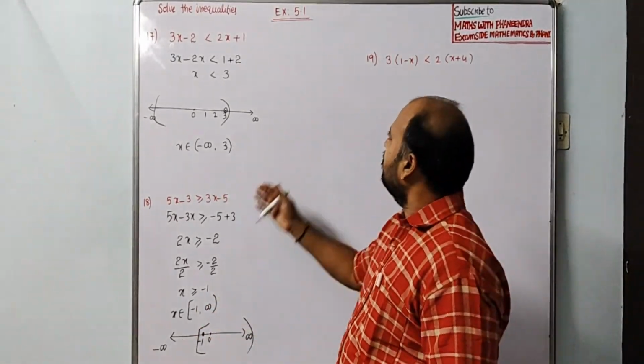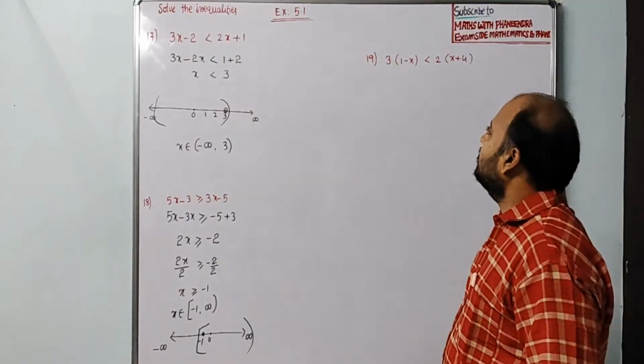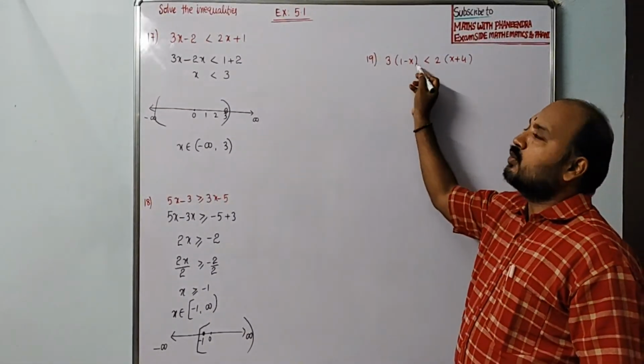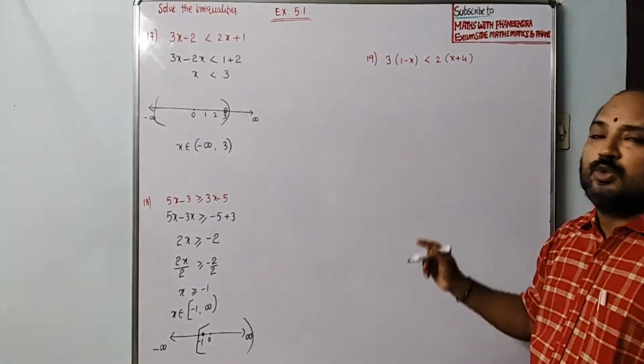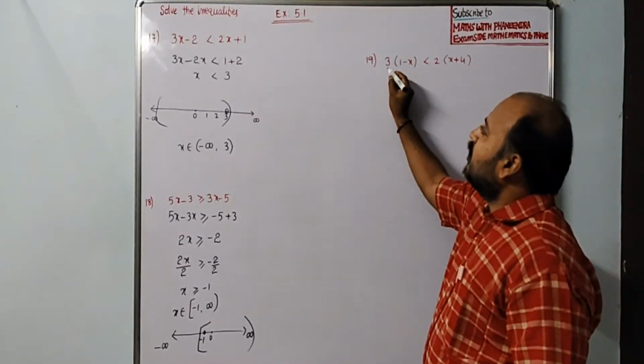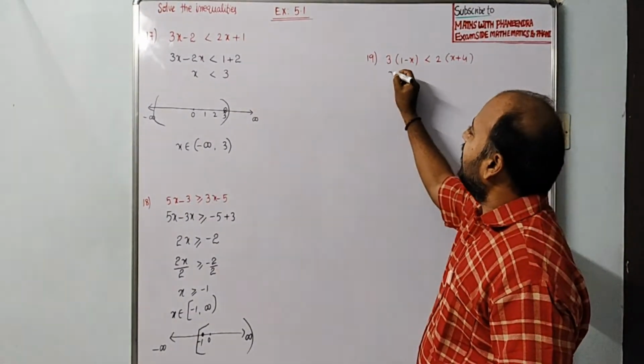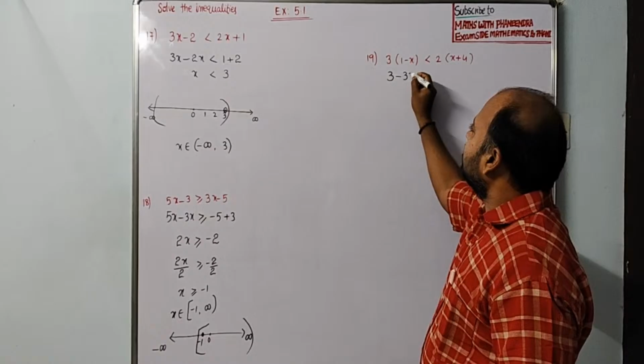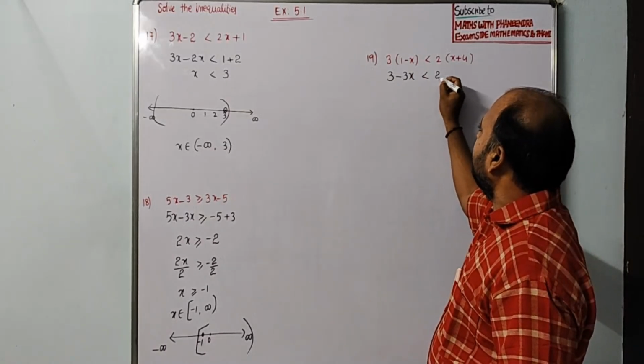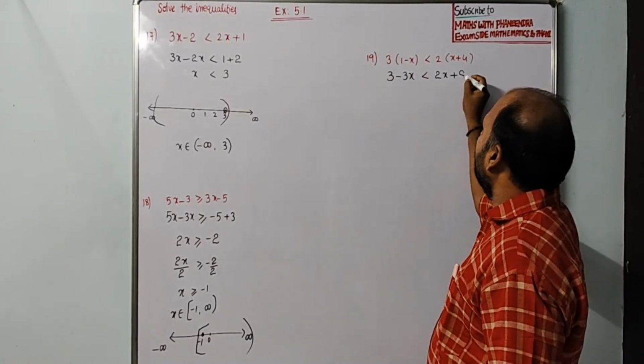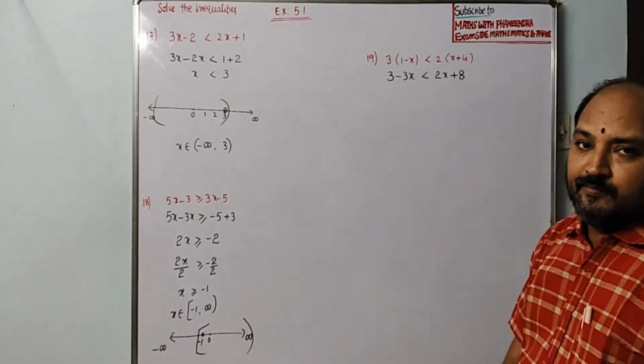Okay, dear students, we will move to question number 19. 3 into 1 minus x is less than 2 into x plus 4. First, we have to do the multiplication with the 3. 3 minus 3x is less than 2 into x plus 2 into 4, which is 8.